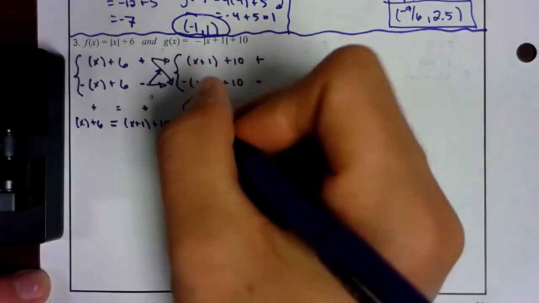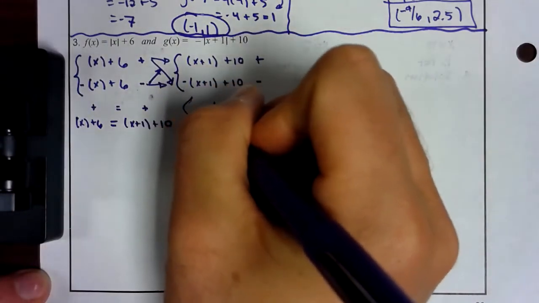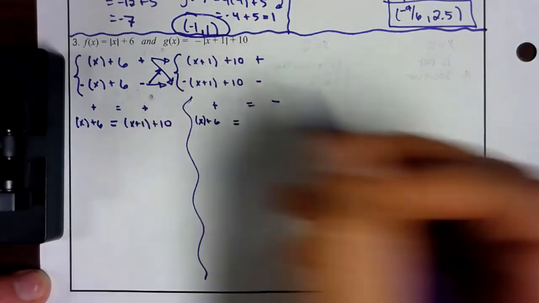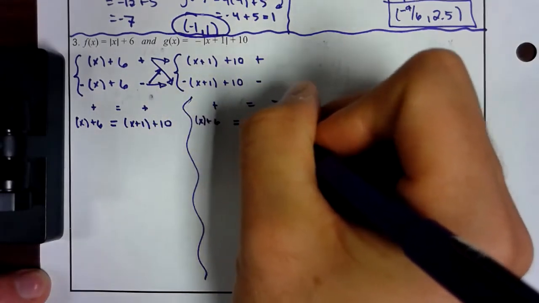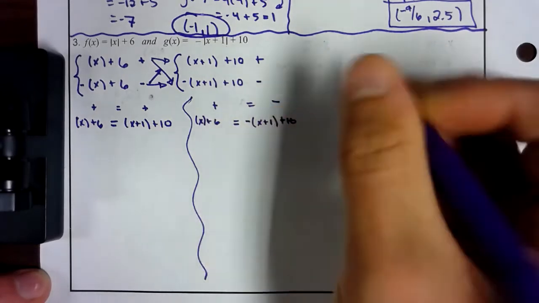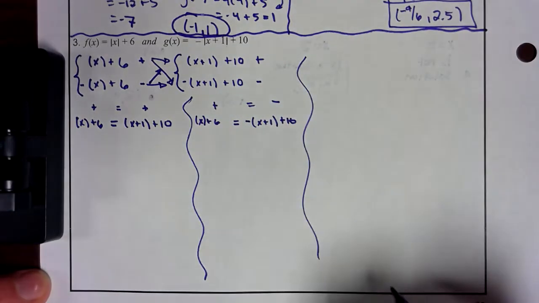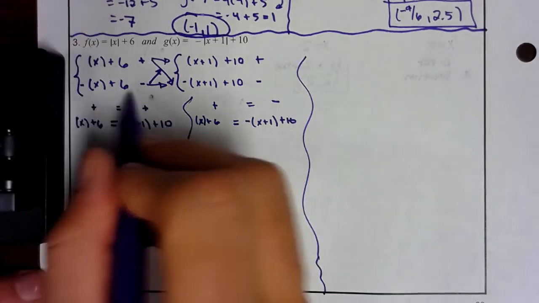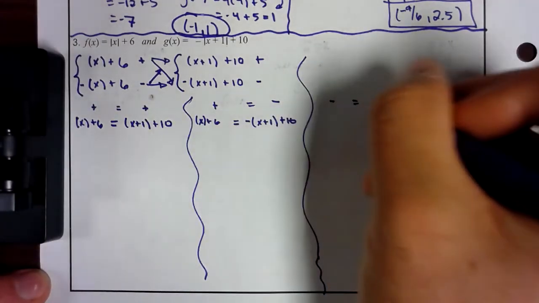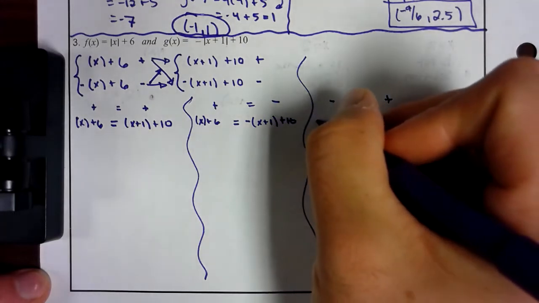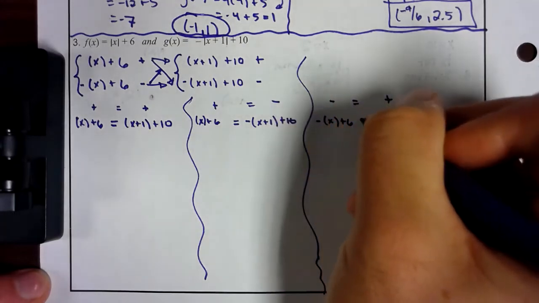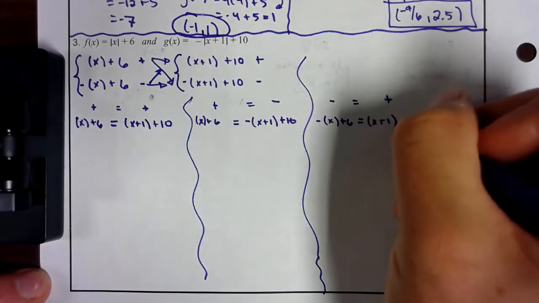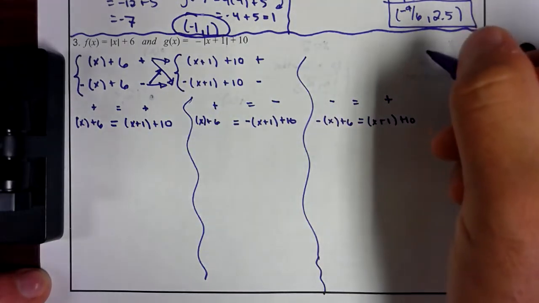So let's use the same positive here, x plus 6 equal to the negative branch of the other absolute value, negative x plus 1 plus 10. So there's 2 of our 4 equations we got to check. Then let's take our negative branch of f of x and set it equal to the positive of g of x. So that's negative x plus 6 equals x plus 1 plus 10.